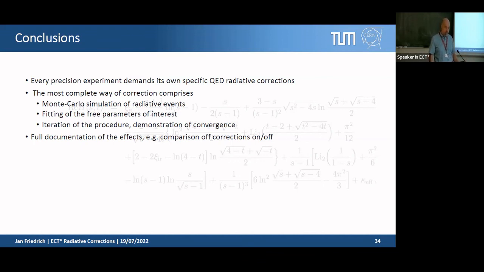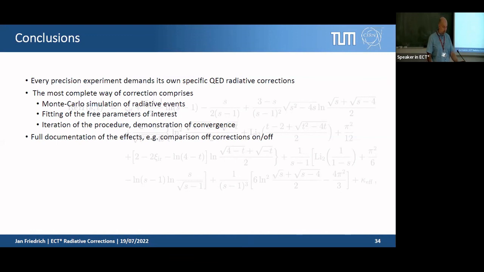But one has to keep in mind that every experiment, at least every precision experiment, requires its own radiative corrections to really worry about how the formula look like, what are the relevant single photon processes and so on, and to put this in a connection with what your real apparatus sensitivity is, what are your cuts and so on, and how does the radiative correction come into play here.